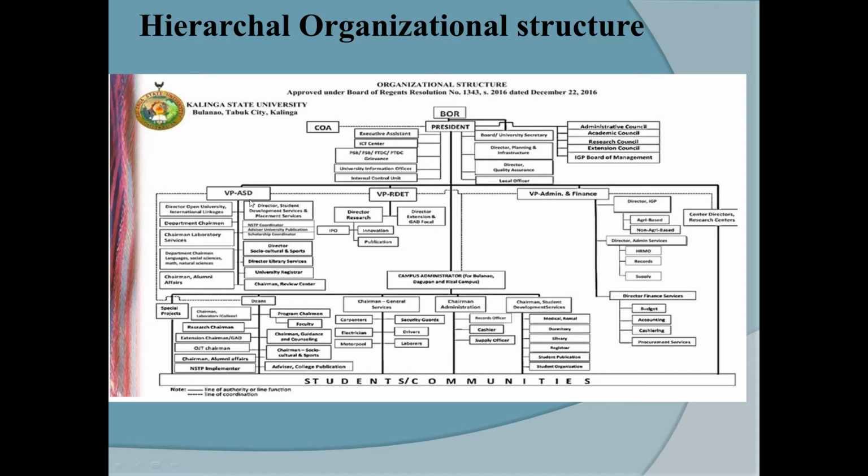So we are now on the middle level. Those are the middle level directors, and then the campus administrator will handle the deans, chairman of the general services office, the chairman for administration, and chairman for student development and services.